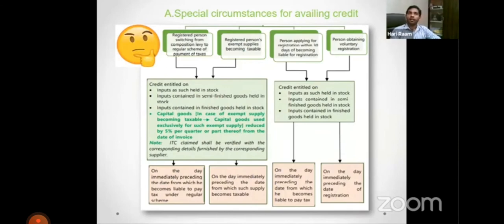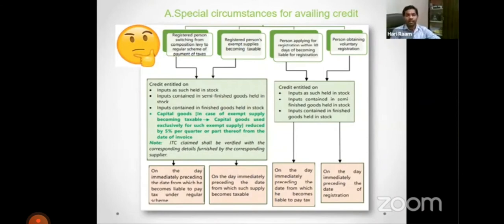Meaning, for example, on January 1, 2020, if you purchased capital goods worth 10,000 rupees, on which GST at 18% means we pay 1,800 rupees as GST to the supplier. And now January 1, 2022 means 2 years have lapsed. During that time I was not a registered person, so I was not eligible to take credit.